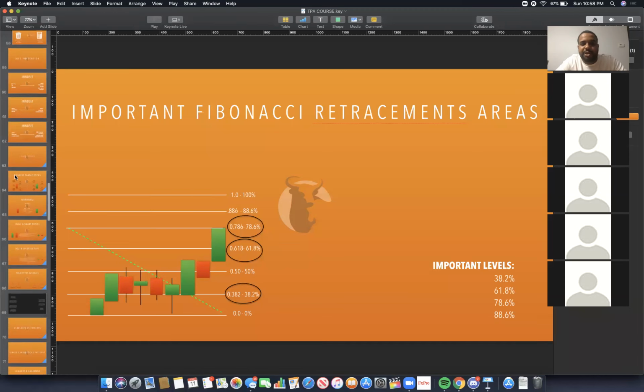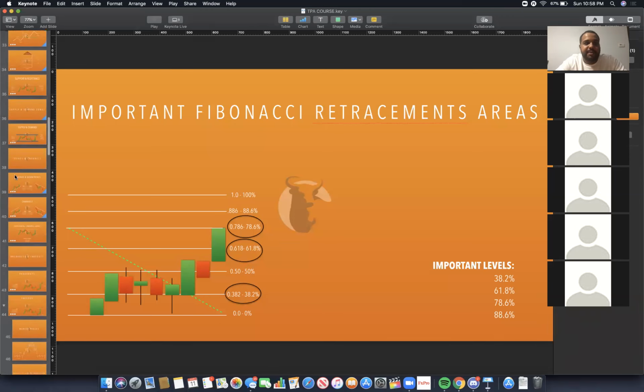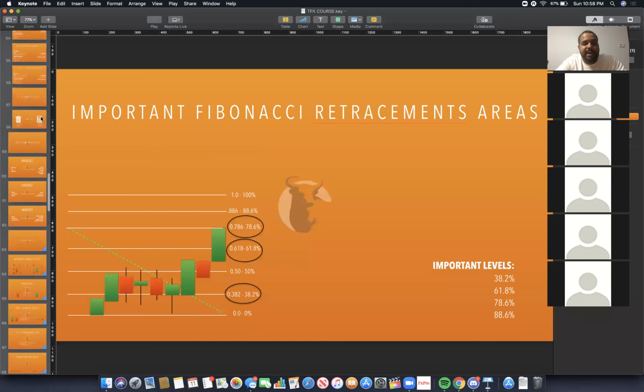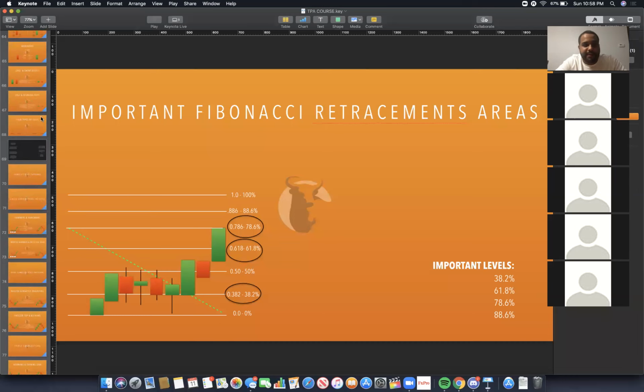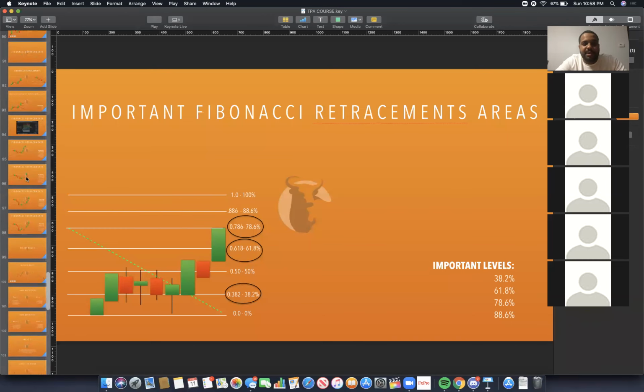We've spoken about channels, and we've also spoken about the highs and the lows that define these channels, right? And then we've spoken about breakouts and fake outs. We've spoken about supply and demand. We've spoken about candlestick patterns, candlestick formations, and prior to that, we've spoken about Fibonacci retracements.